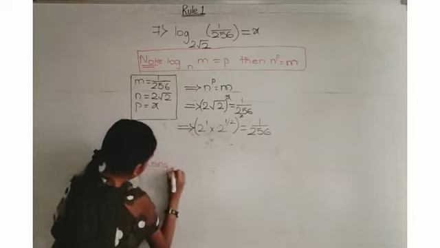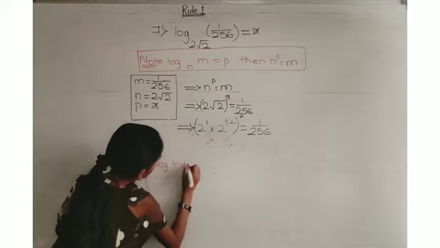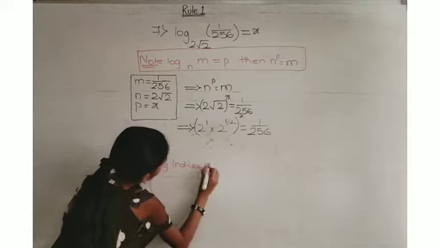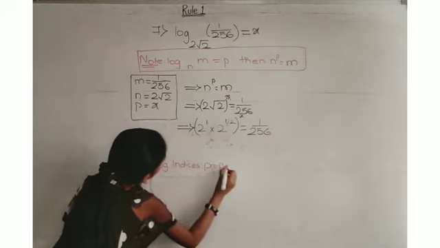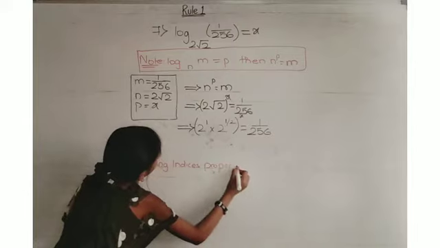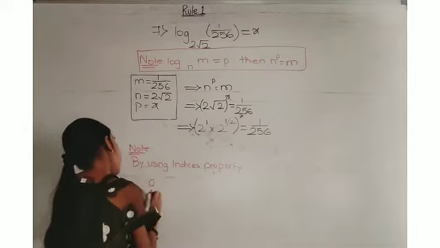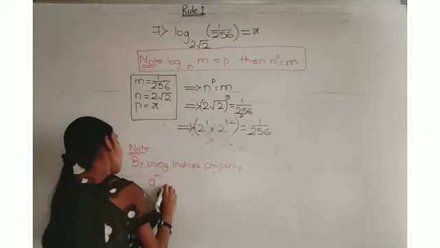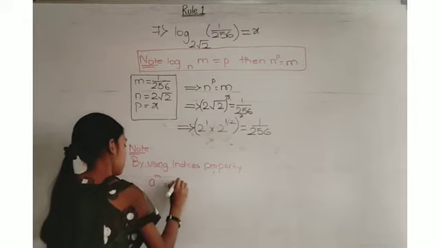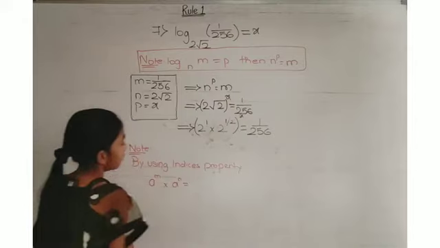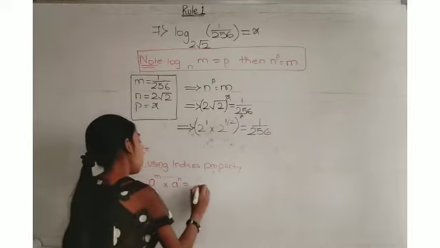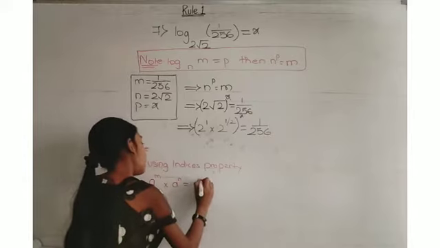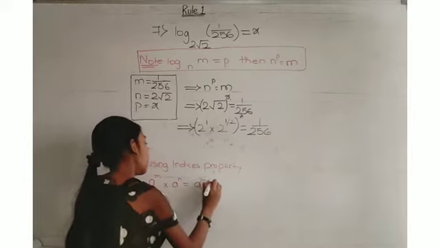By using the indices property, the property is a raised to m multiplied by a raised to n is equal to a raised to m plus n.